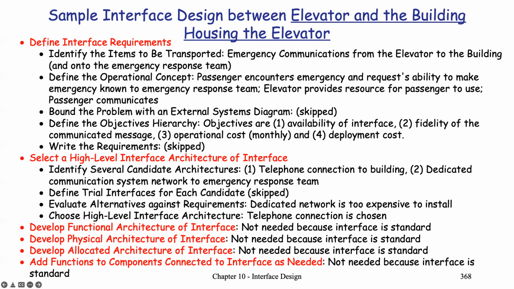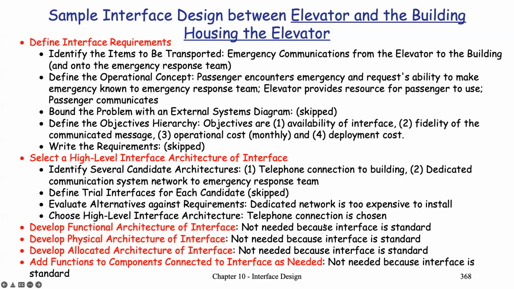You want to select a high-level interface architecture. By identifying several options, you define a trial interface for each, evaluate the alternatives, and then choose the best one. Next, you want to develop the functional architecture of the interface, the physical architecture, the allocated architecture, and the function-to-component connections.